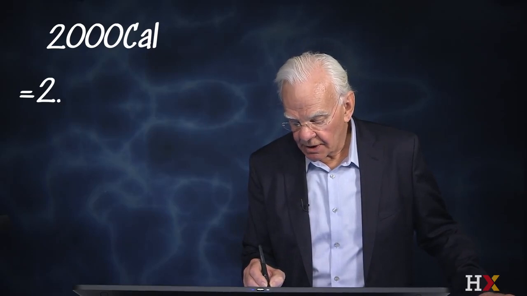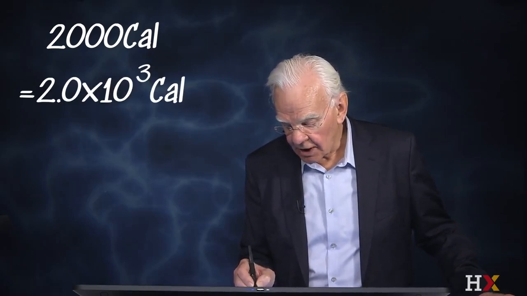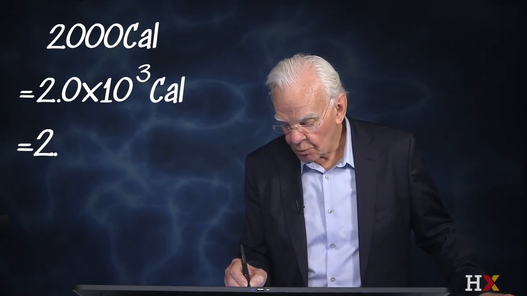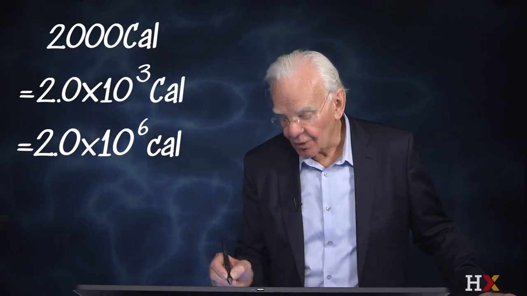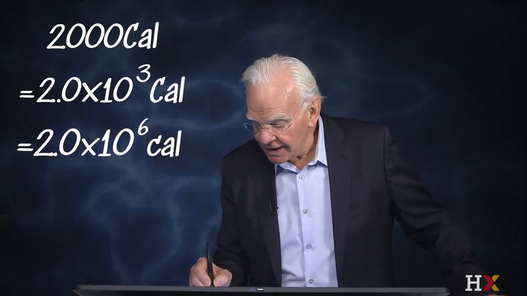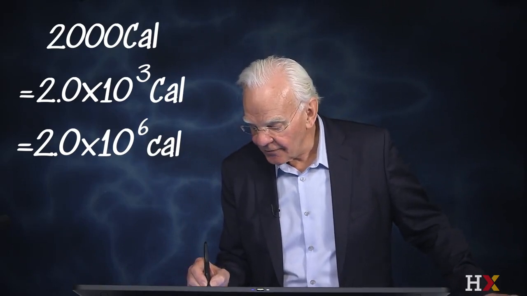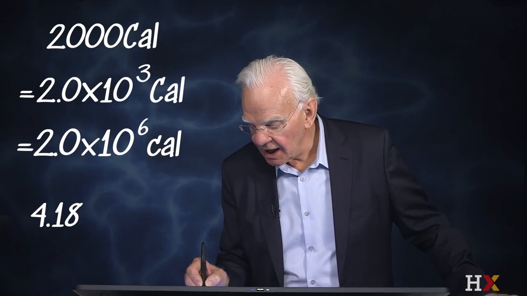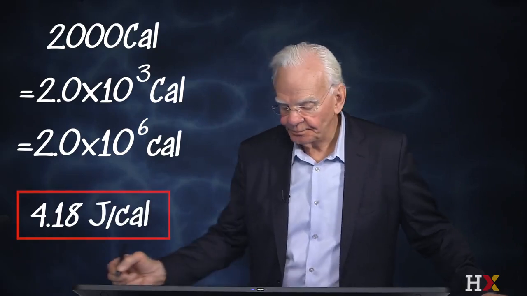So I have 2.0 times 10 to the 3 large calories, and that gives me 2.0 times 10 to the 6 actual calories. But I also know that it's joules that I want to convert this to, and there's 4.18 joules per calorie.